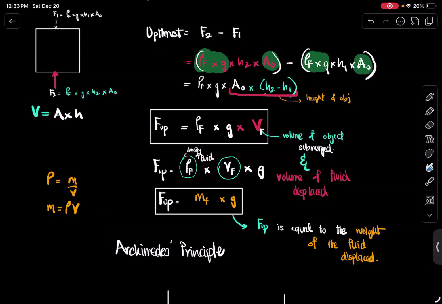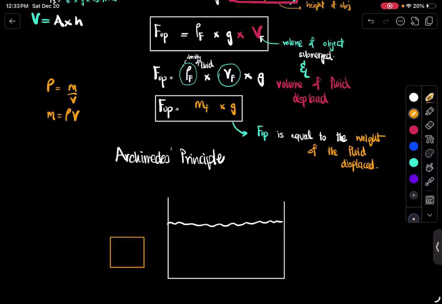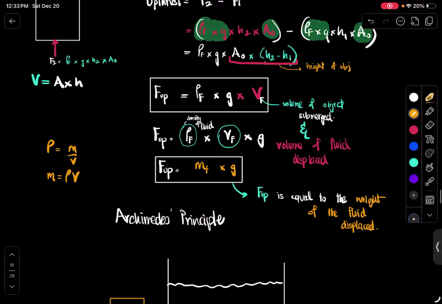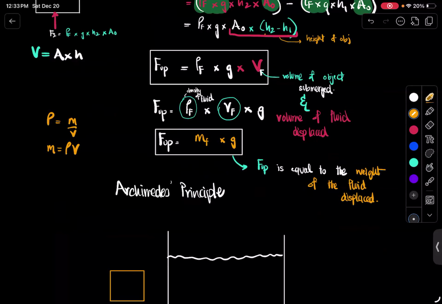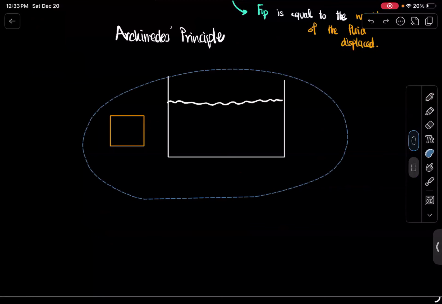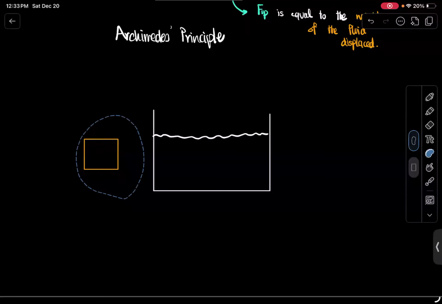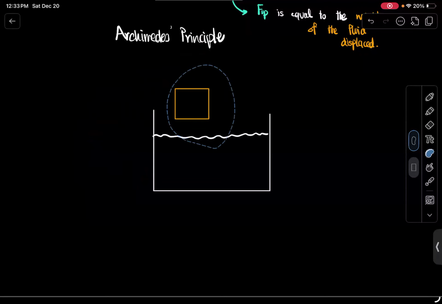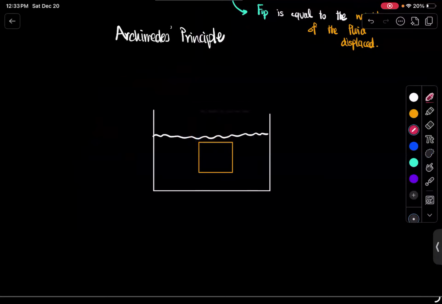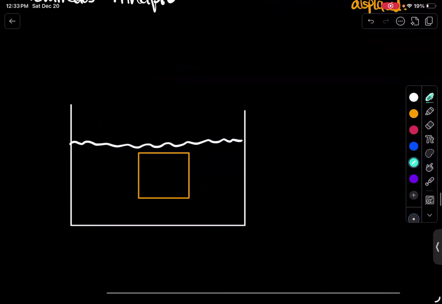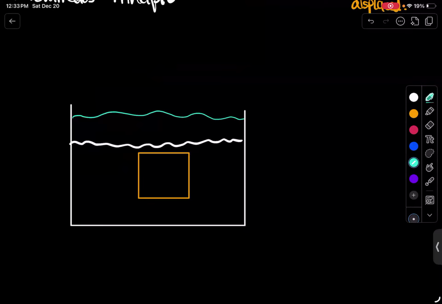Okay. Now, yes. What we've learned from this is that the upthrust on an object that is immersed is equal to the weight of the fluid that was displaced. So, for example, let's take this object. When I immerse this object in the fluid, the level of that water is going to rise, right?